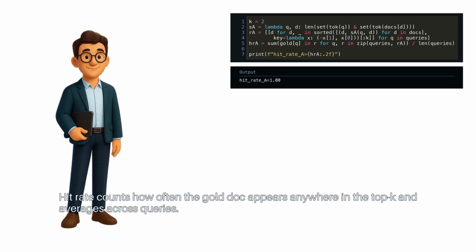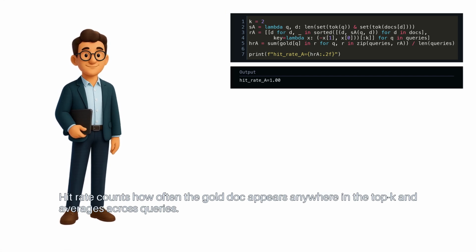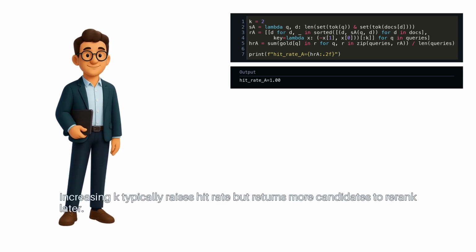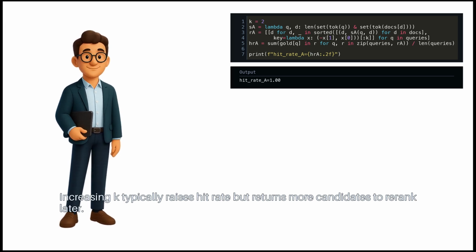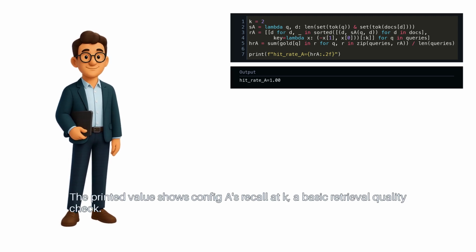Hit rate counts how often the gold doc appears anywhere in the top K and averages across queries. Increasing K typically raises hit rate, but returns more candidates to re-rank later. The printed value shows config A's recall at K, a basic retrieval quality check.